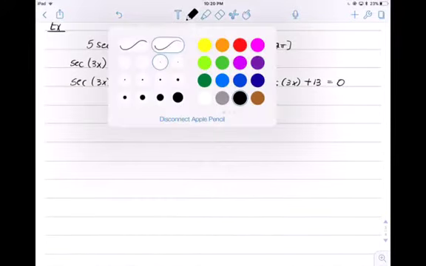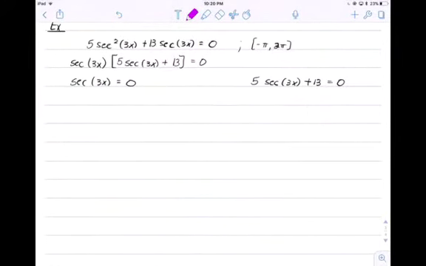Now, for the first equation, secant of 3x equal to 0, we have to keep the following in mind. We should know that secant is not defined everywhere in terms of its range, because we want an input, an x value, such that we get an output of 0.